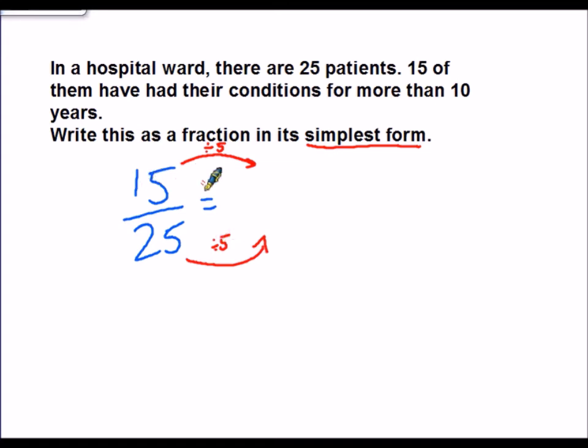So 15 divided by 5 is 3. 25 divided by 5 is 5. So the actual answer would be that 3/5ths of these patients have had their conditions for more than 10 years. Again, all we've had to do is use our times table knowledge and figure out which times table contains both the numerator and the denominator, and then divide by that.